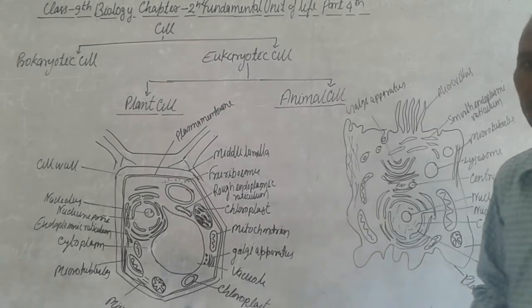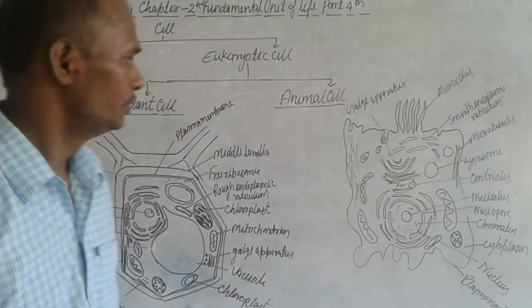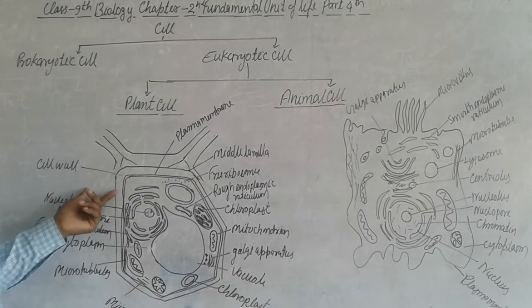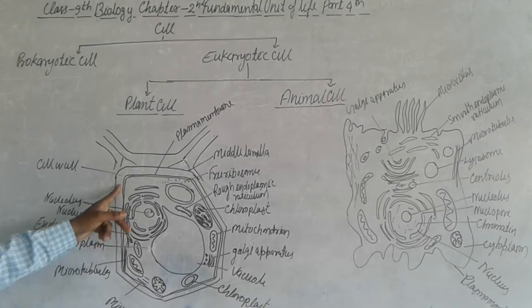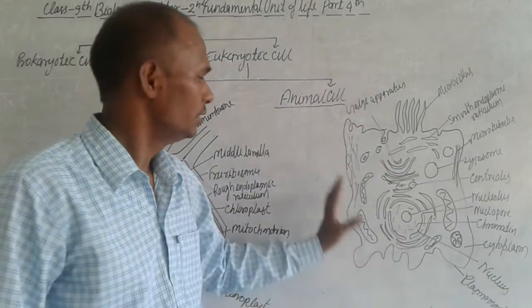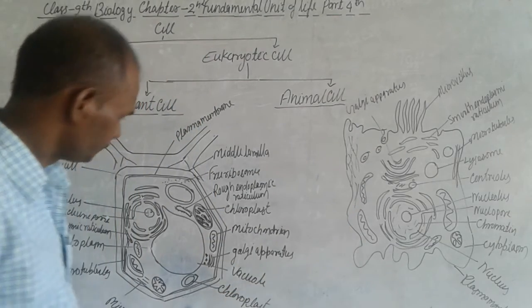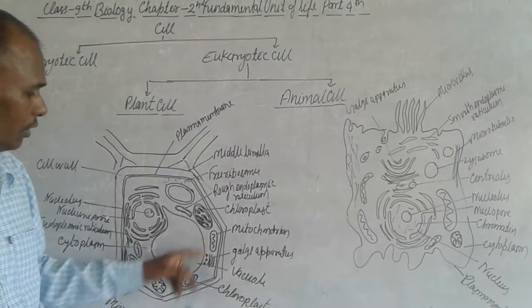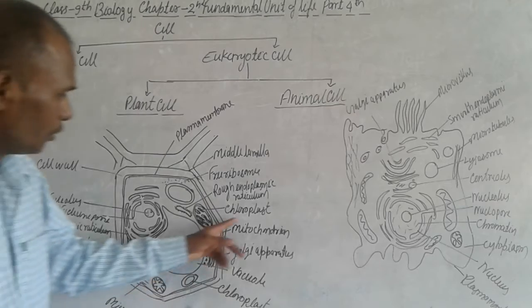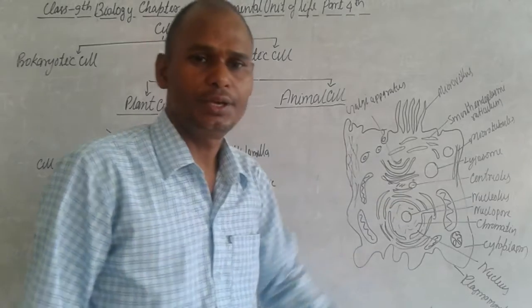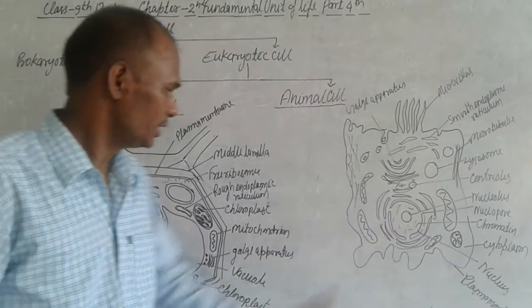Difference between animal cell and plant cell. What is the difference? You can see here, in the plant cell the cell wall is present. But in the animal cell the cell wall is not present. And this is the chloroplast. Chloroplast does not occur in the animal cell.